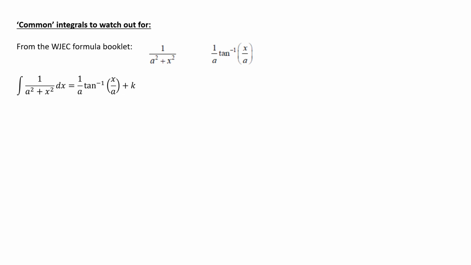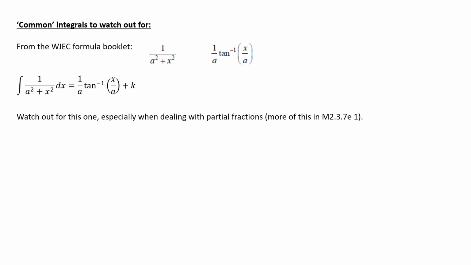So what this is saying is that the integral of that is equal to this thing here, where a is a constant. And you should watch out for this one, especially when you come to deal with partial fractions, and you'll get more of these in a subsequent video.